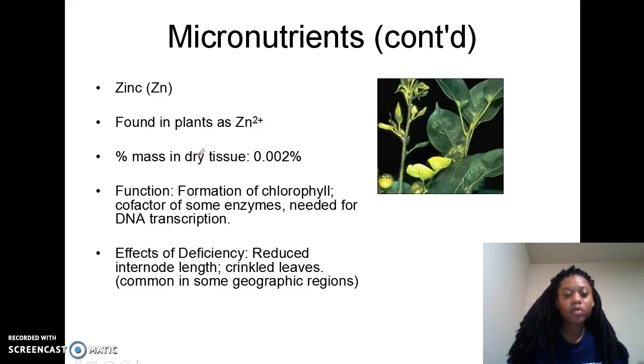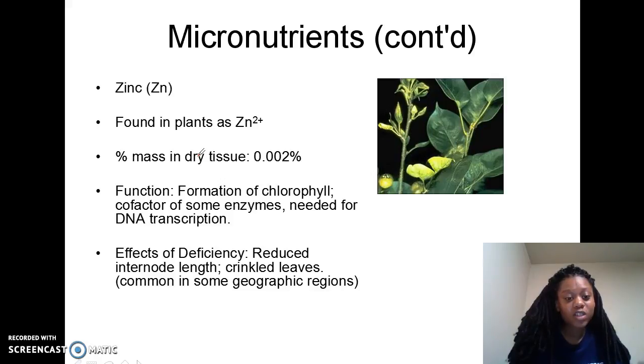The micronutrient I'm going to talk to you about is zinc. Zinc is found in plants as Zn2+ because of its charge. If you take a plant and rid it of all of its water, the amount of zinc found is 0.002%. So that's a very small amount. So that shows just how small of a micronutrient that you need.